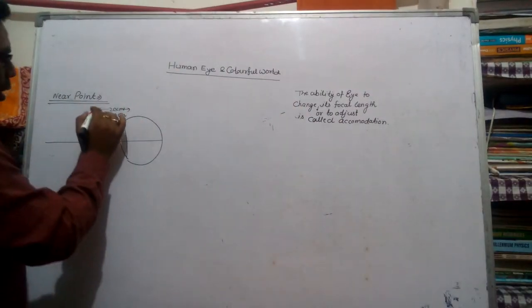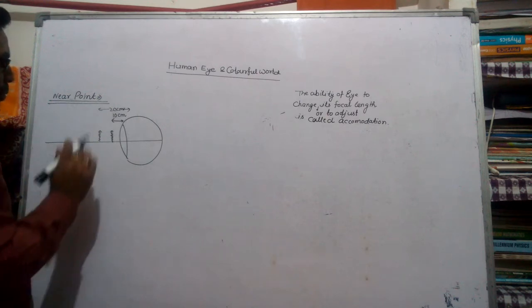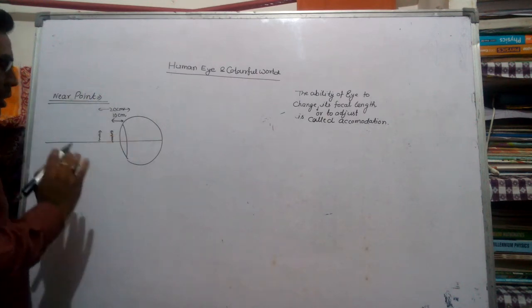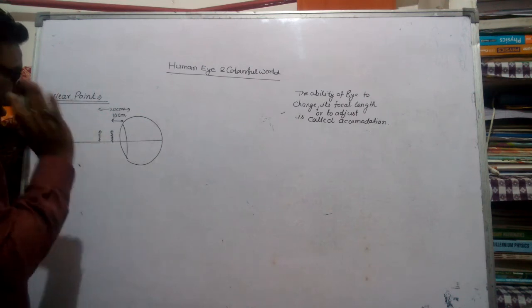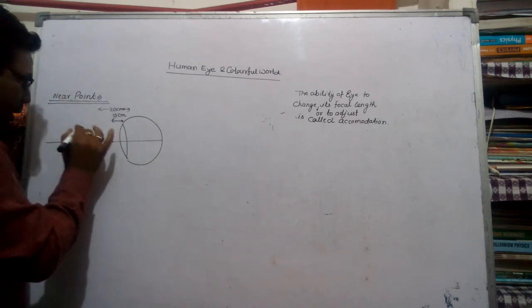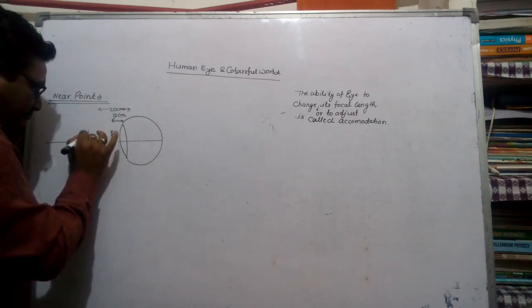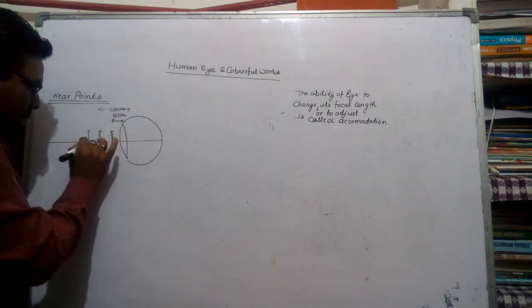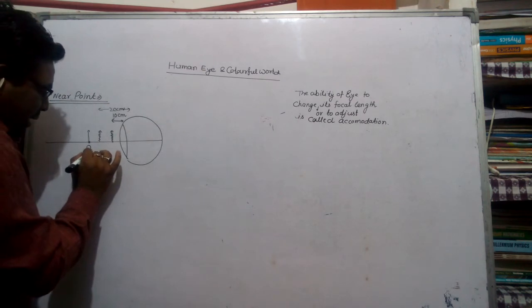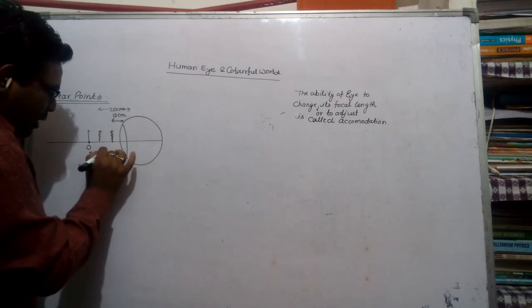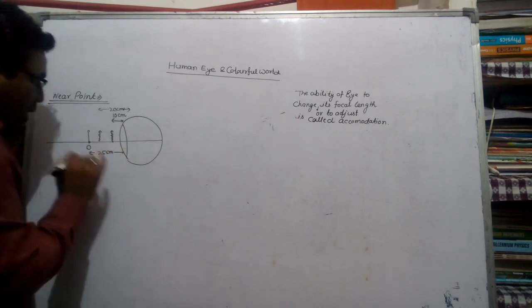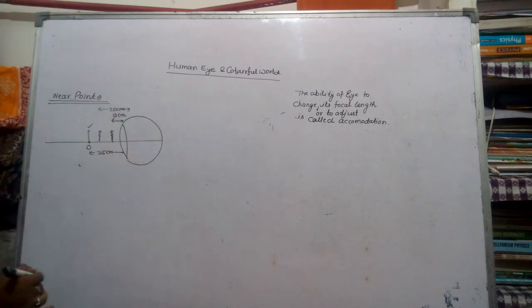The object is placed now at 20 centimeter. When the object is placed at 20 centimeter, the image is again not clear. But the object is placed at this point. Look at this, beta. This is the point where the object is placed, and this distance is 25 centimeter. Now the image is seen clearly.